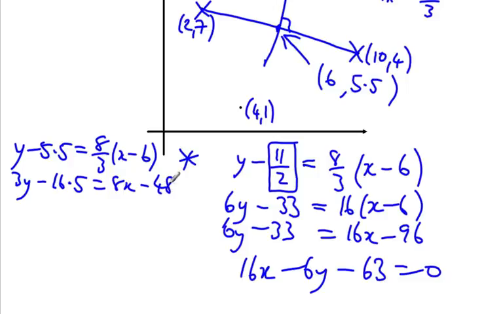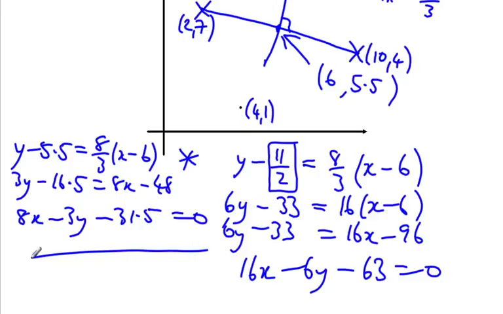Just expanding the bracket, so that's getting rid of the 3, and then you'd end up with your final answer of 8x minus 3y. What's 48 minus that? It's about 31.5. You'd get that as your answer, which, if you look at it, is exactly half of mine, which is fine.